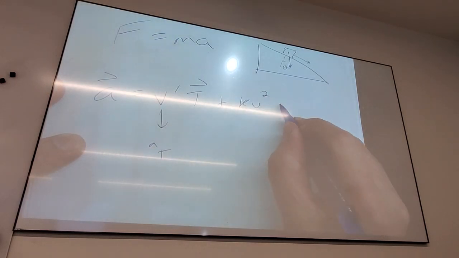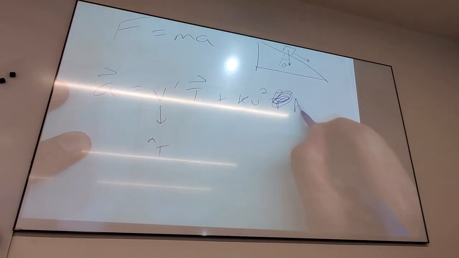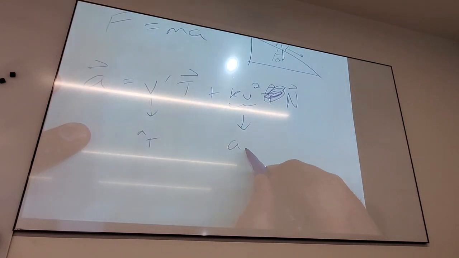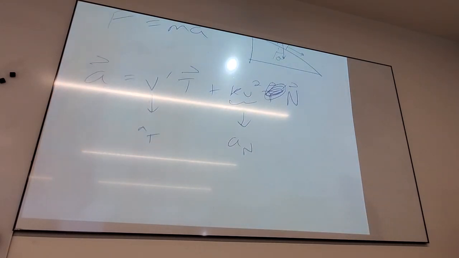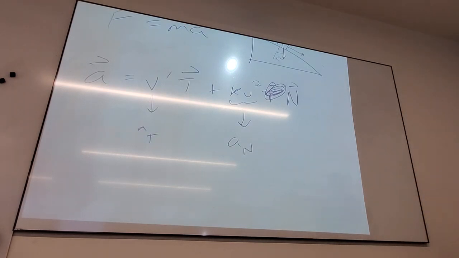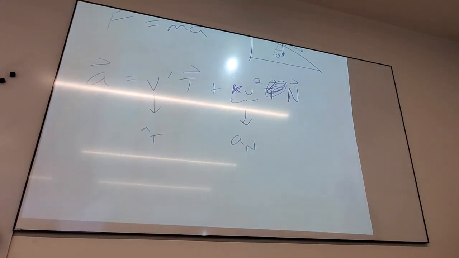This is sort of based on this, but then you rewrite it to be this. And this would be the normal component of the acceleration. Is that kappa? Yeah, that's from the curvature, exactly. I'm trying to write it better. Oh, screw it. I'm not going to write it better.